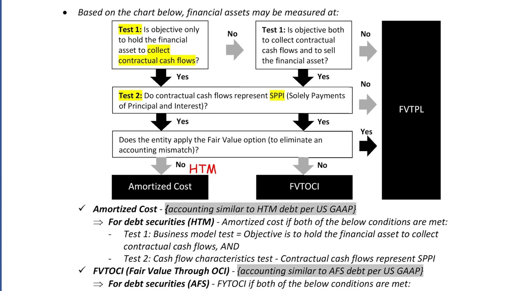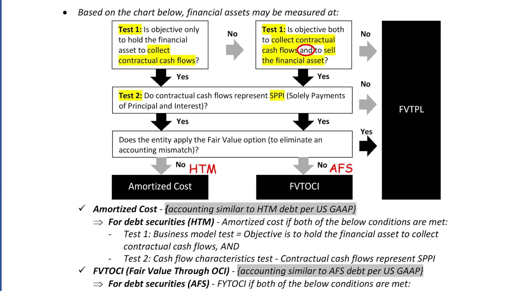Let's again look at test 1, where the objective is both to collect contractual cash flows and sell the financial asset. And if the contractual cash flows are SPPI, basically we are talking about AFS, or available for sale securities.